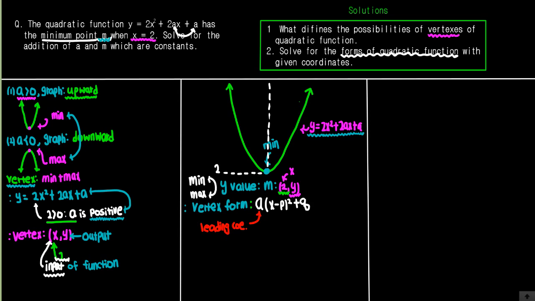The p value is the x coordinate of the vertex, so we can simply input p as our x value.